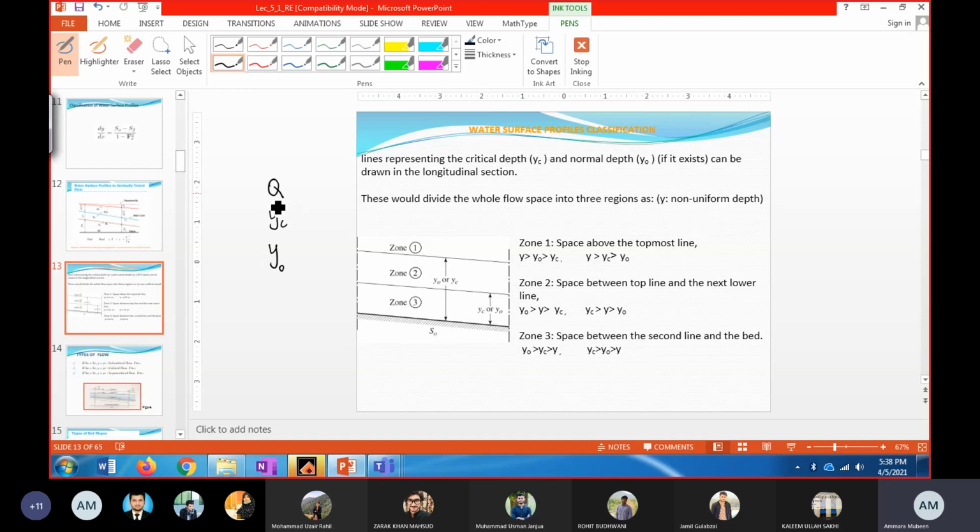If you have this flow value with you, then you can calculate Yc and Y naught, provided you are given the cross-section values. Yc is the critical flow depth, and Y naught is the uniform flow depth.